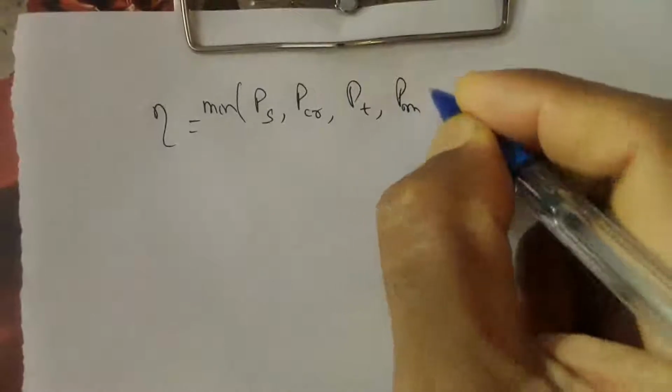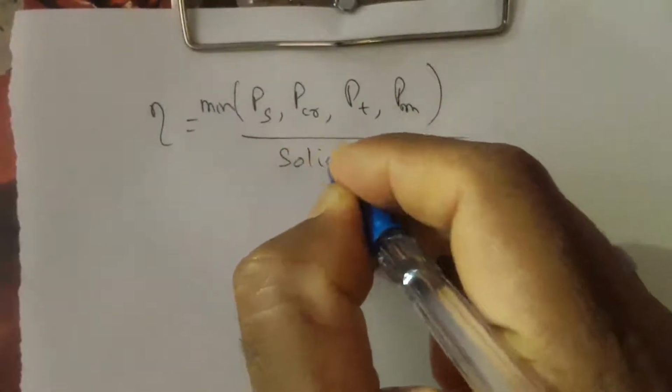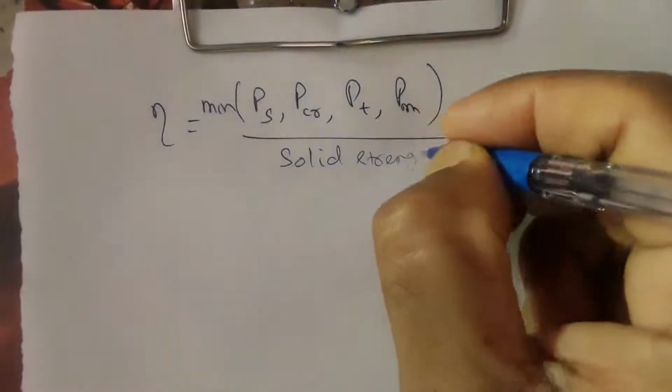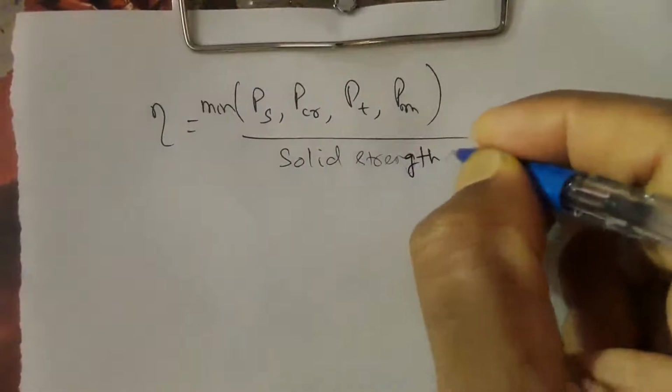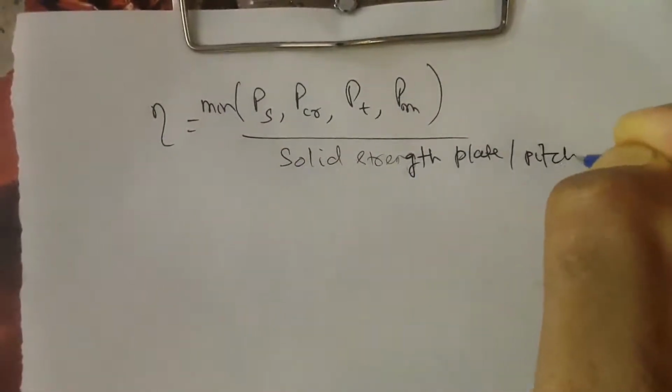Now to find out the efficiency, we have to find out the least minimum of P shearing, P crushing, P tearing and P margin, divided by the solid strength of the plate per pitch length.